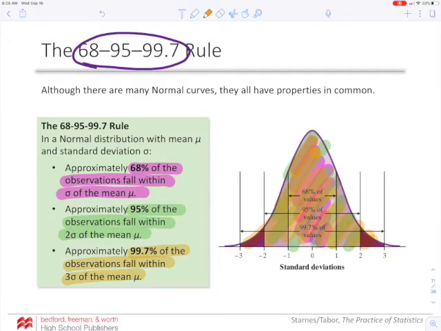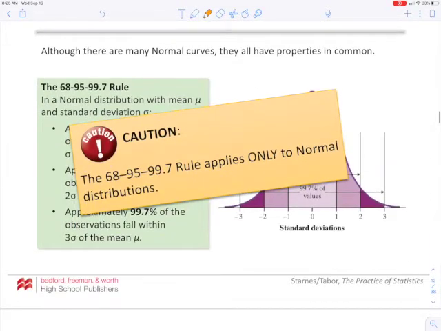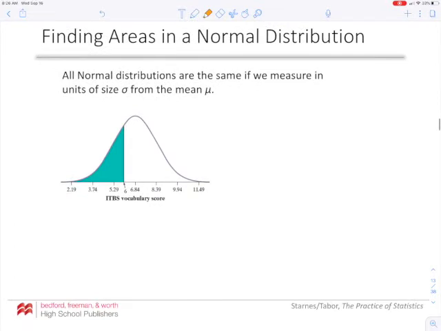Later on in the school year, we'll get to exact values, but for now, they're just approximations. But these are three values that you need to pretty much have memorized. Okay, now remember that this only applies to normal distributions. If you have a skewed distribution of any kind, these approximations do not work.